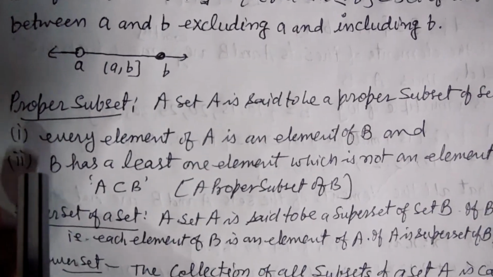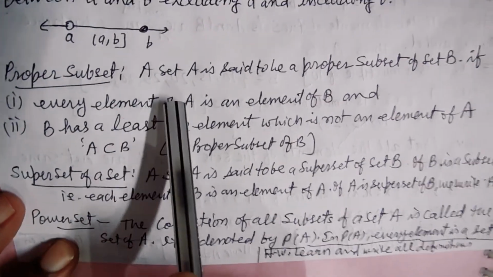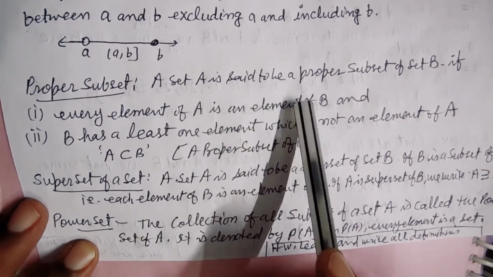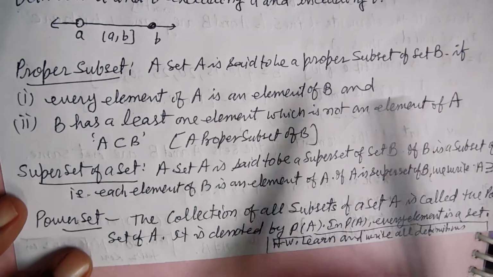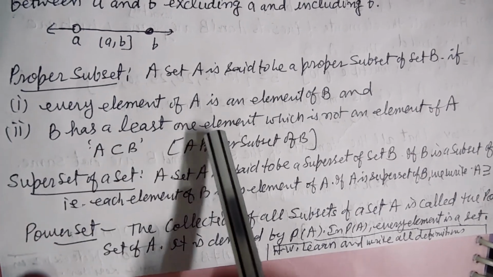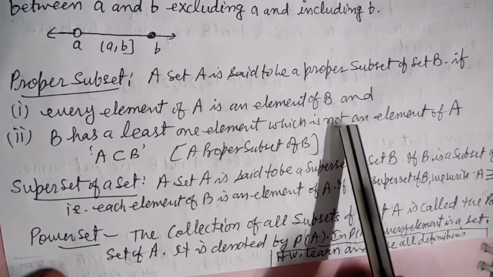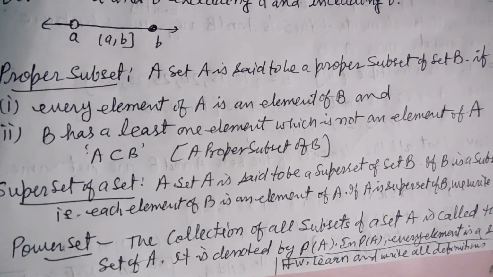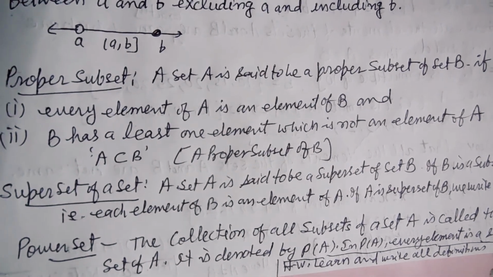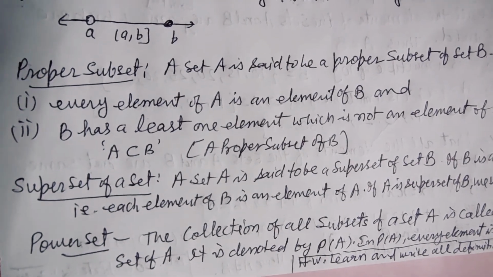Now we discuss proper subset. A set A is said to be a proper subset of set B if, first, every element of A is an element of B, and second, B has at least one element which is not an element of A, yani B has an extra element.